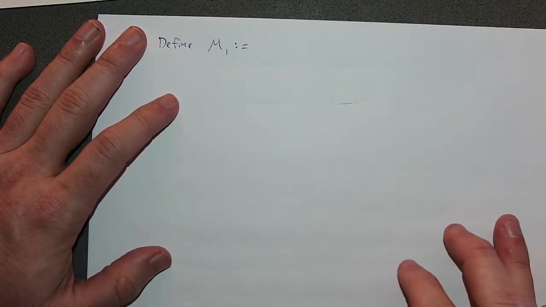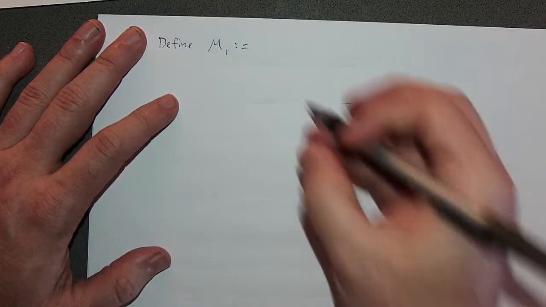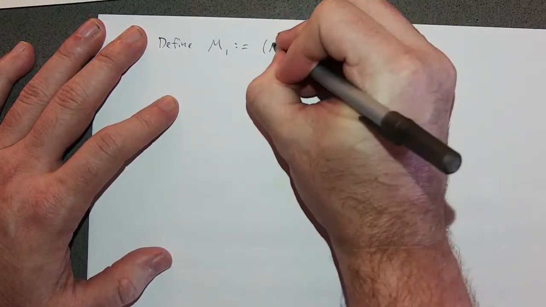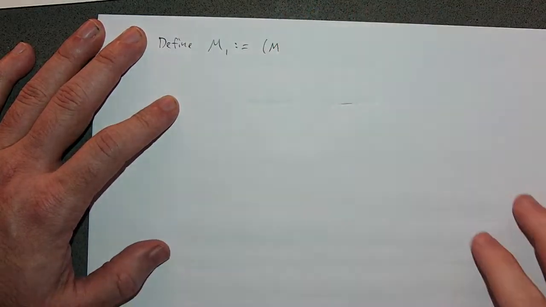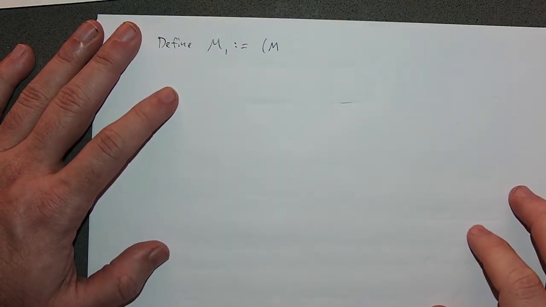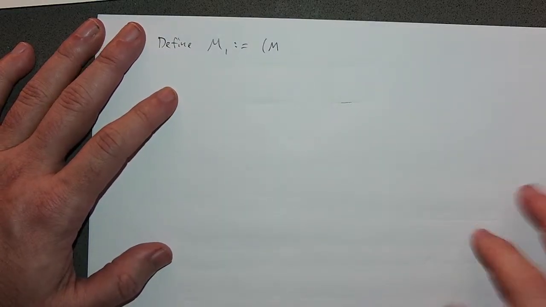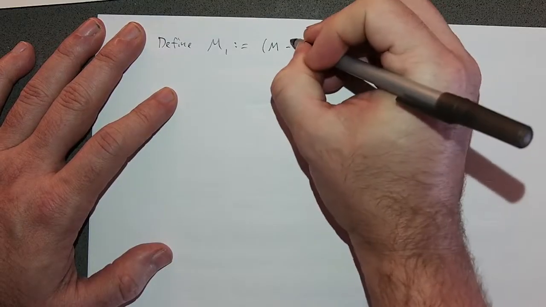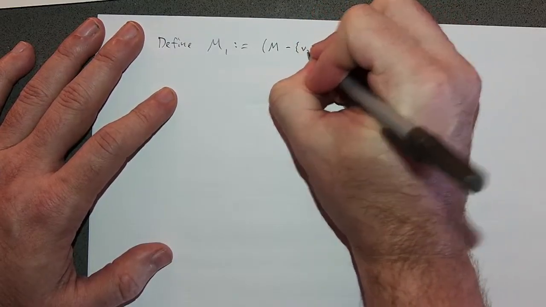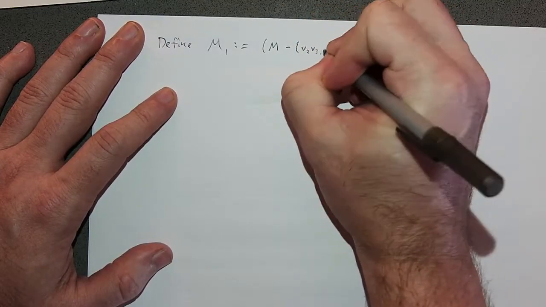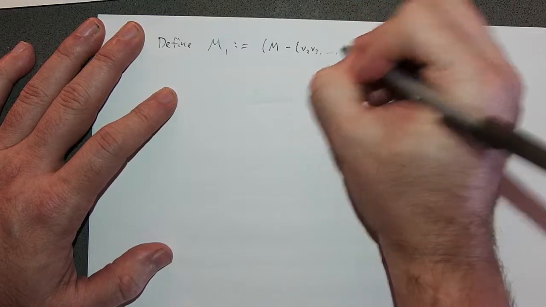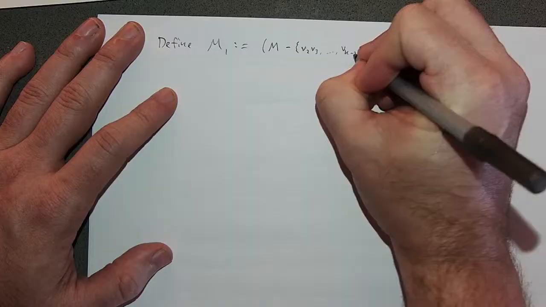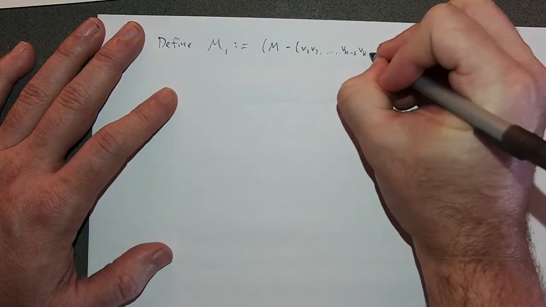We will take M, we will get rid of the edges V2 to V3 and so on all the way to V sub k minus 2, V sub k minus 1.